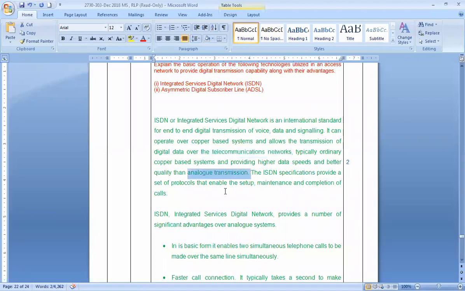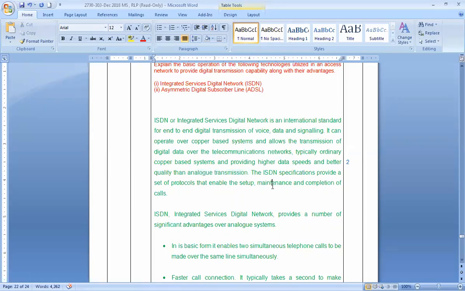If we compare with analog transmission, it was not possible to achieve these levels of speeds, right? So that's the specialty of having migrated to digital technology.